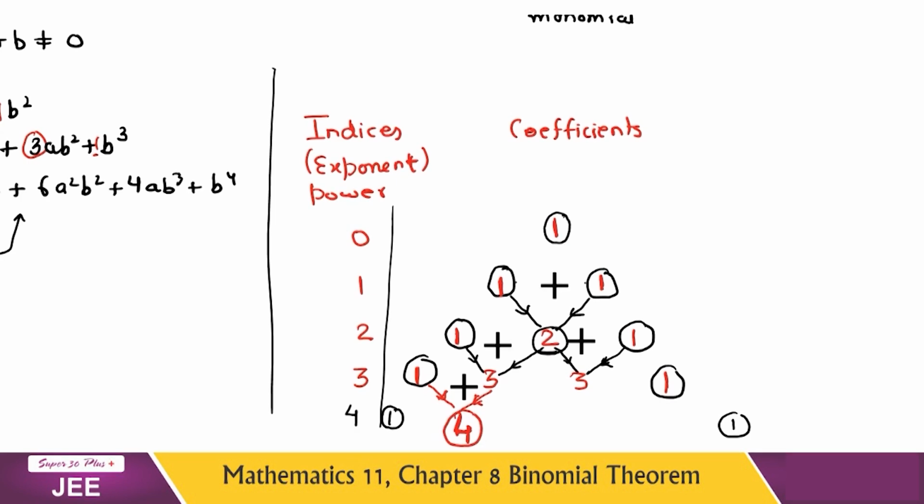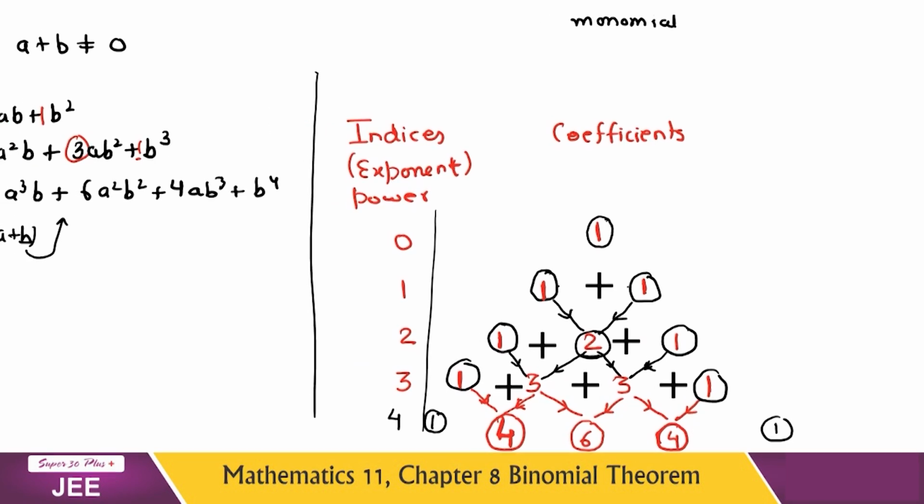4. Again, the number coming at this place will be the addition of 3 and 3, which is equal to 6. And the number coming at this place will be the addition of this 3 and this 1, which is equal to 4. If you observe carefully, then we are getting a triangle.